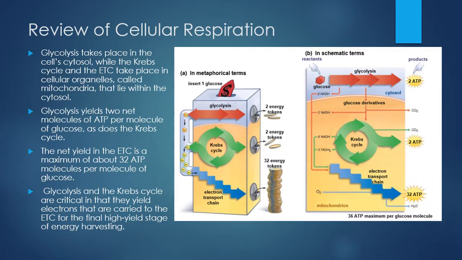Overall, there are 36 ATP molecules produced for every 1 glucose molecule that goes into your body. And we get that 36 from 32 plus 2 plus 2.